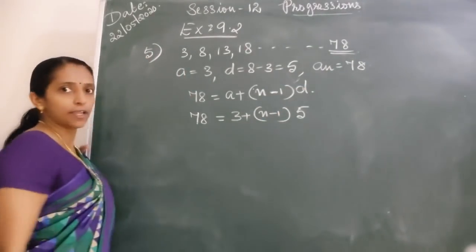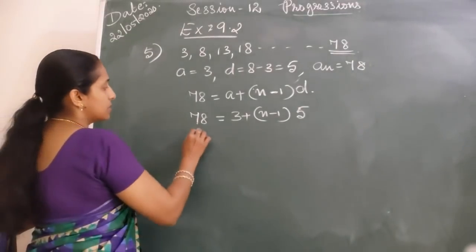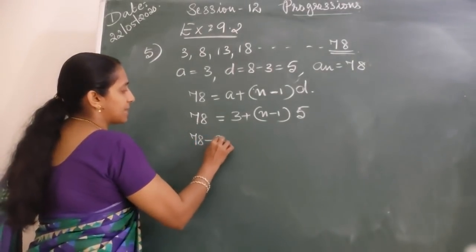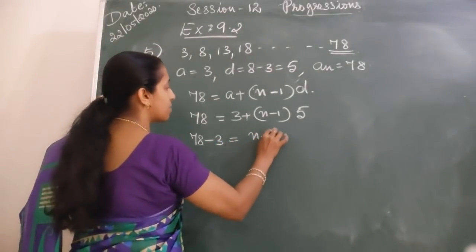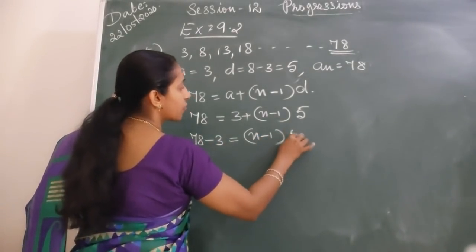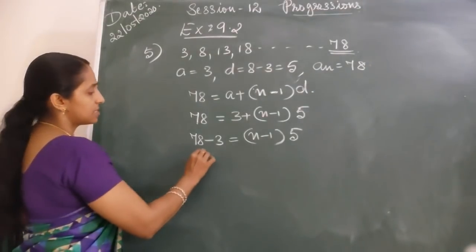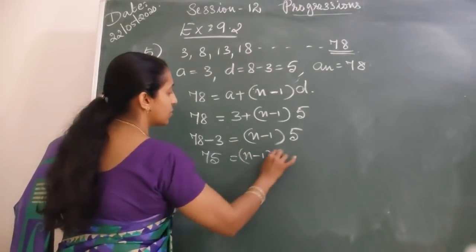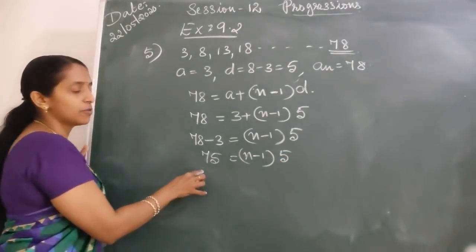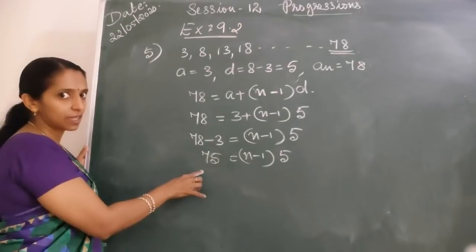D is 5. Now 78 minus 3, this 3 comes here, minus 3. That is equal to n minus 1 into 5. What will you get? 75 is equal to n minus 1 into 5. Then this 5 you will divide here. Clear?